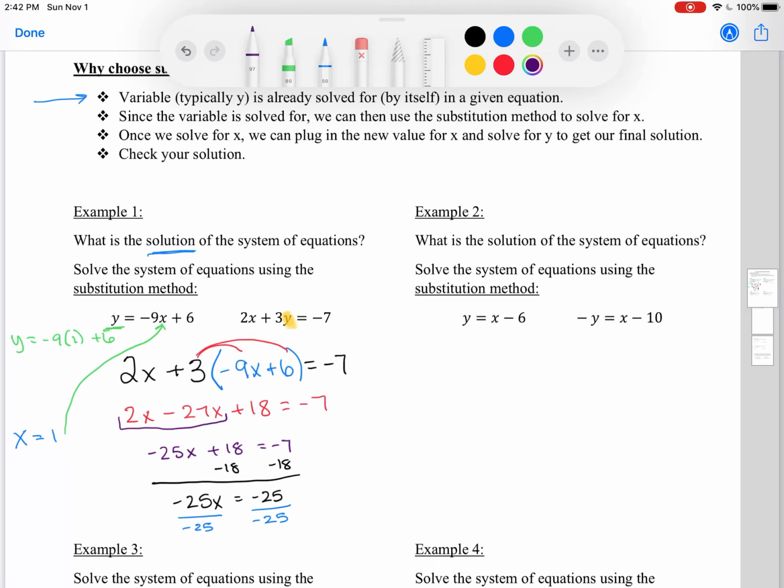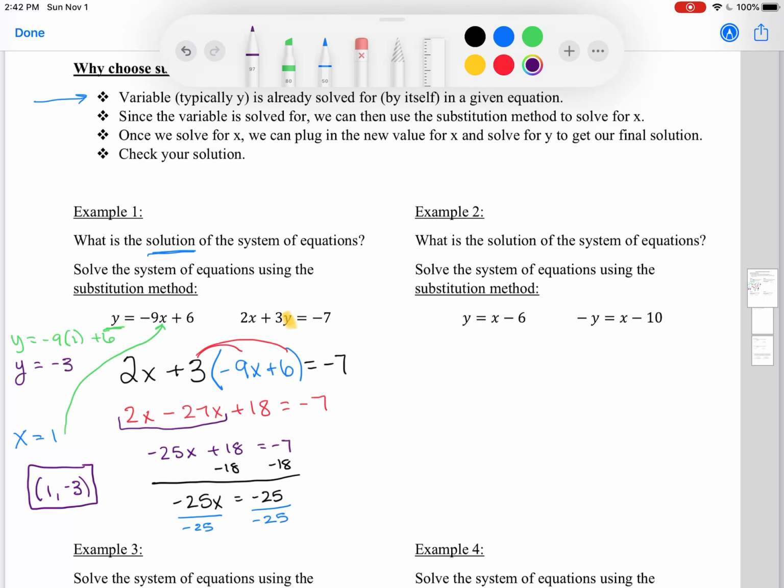And when I do that, I get y equals negative 9 times 1 plus 6. Again, you can use the calculators when you get to this part. You have your parentheses. Make sure you're using the correct minus button or negative button. And this should come out to give you negative 3.